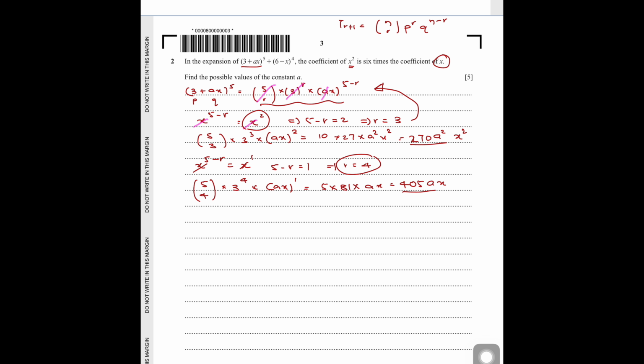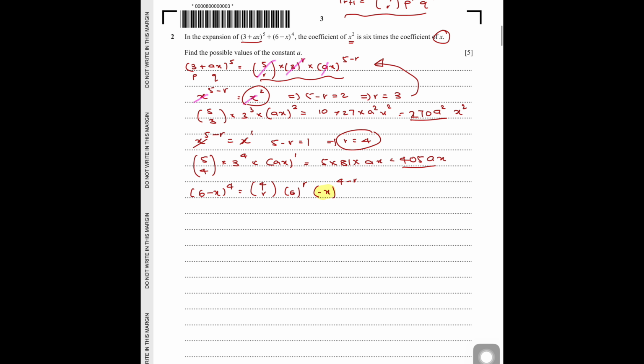All right, let me go for the second term now. So I have (6 - x)^4. I use the same thing. So that's 4Cr, 6 to the power r, and (-x)^(4-r). I always write the negative term in the bracket and take it with it so that I know if it is positive or negative.